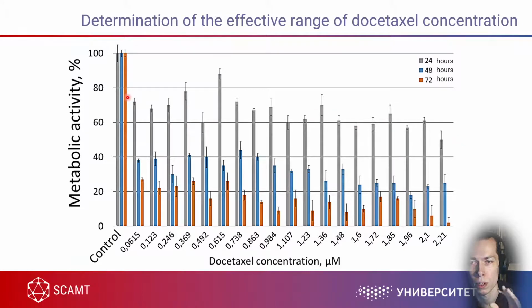But if we proceed with incubation for 2 days, 48 hours, we will see a drop in viability at any concentration. And this drop is also not very well concentration dependent. And after 72 hours, we will see another drop.